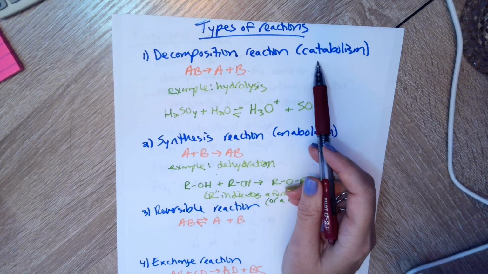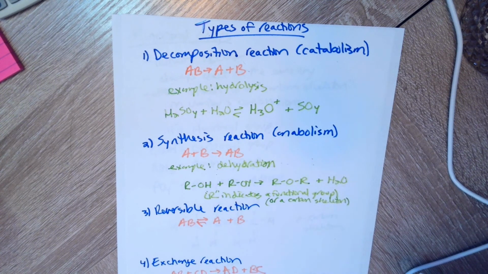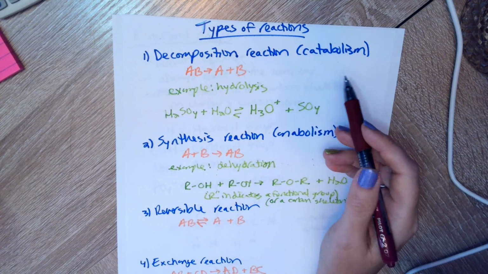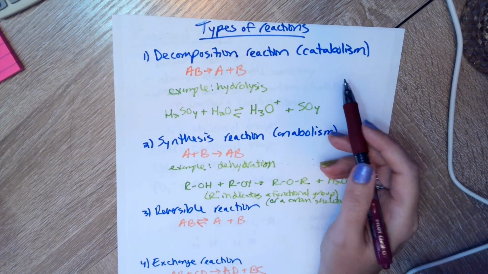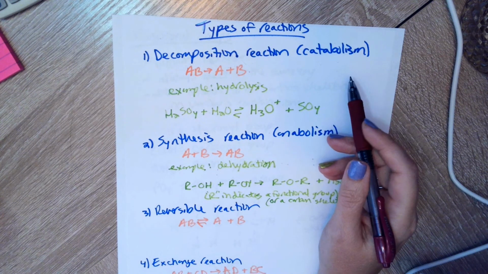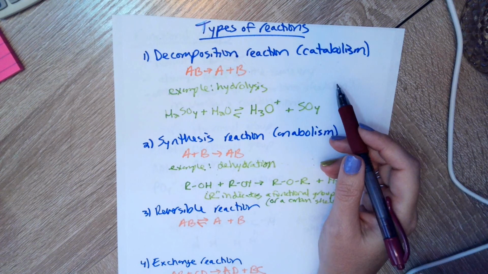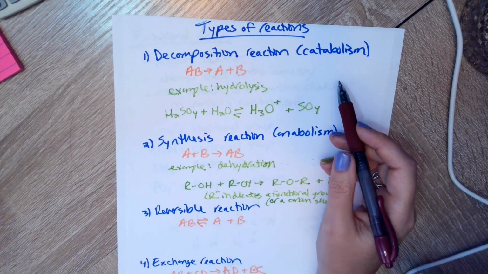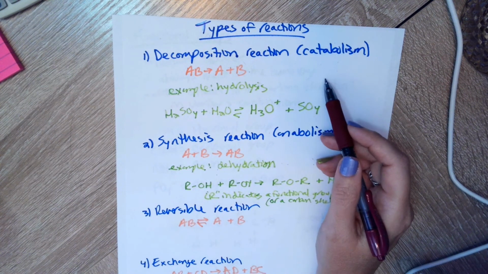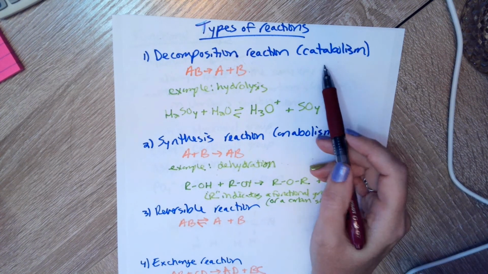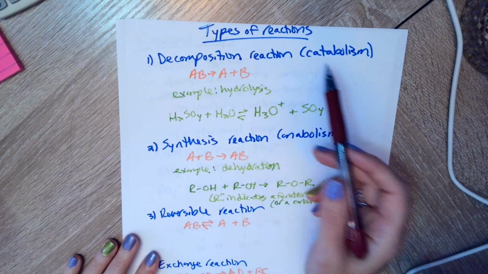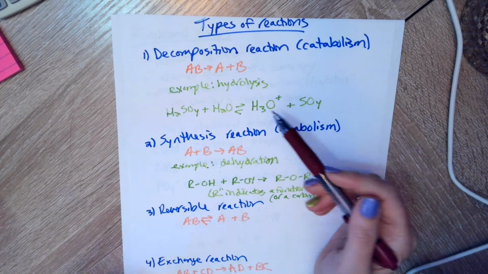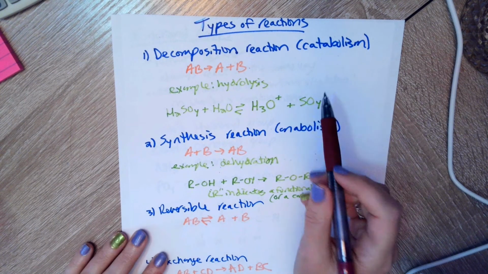So, for example, if you're breaking down ATP, you're releasing a phosphate group, which is something that carries energy, and you're releasing that to use that energy and leaving you with one less phosphate on that molecule. So that's what you would use a decomposition reaction for. It doesn't have to be for energy, it can be just to get the component parts that you need.